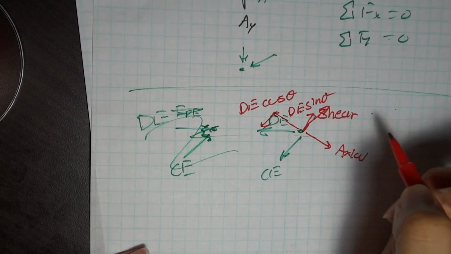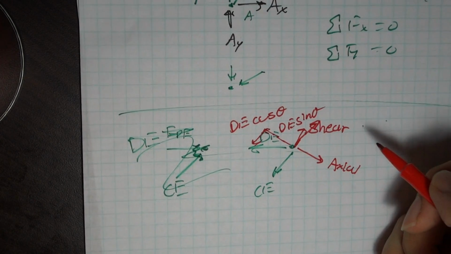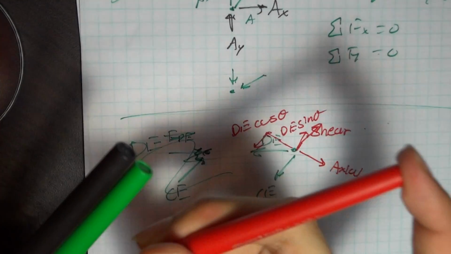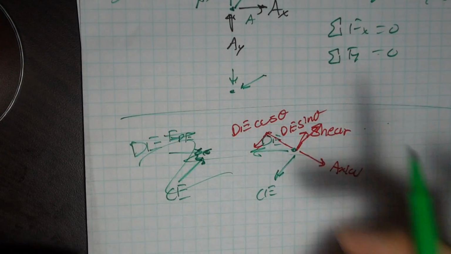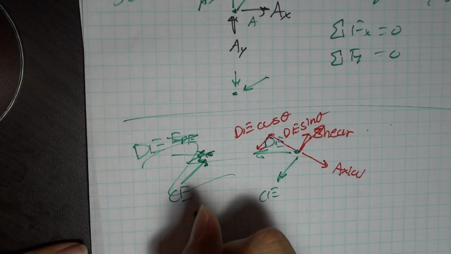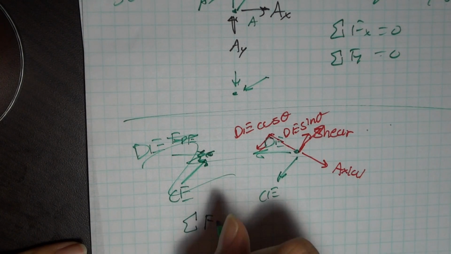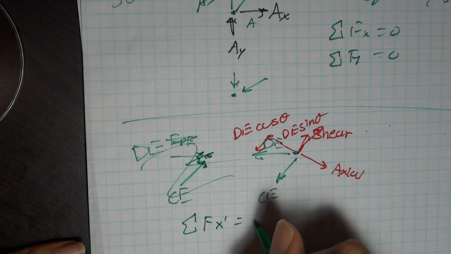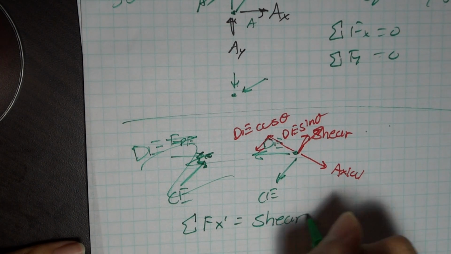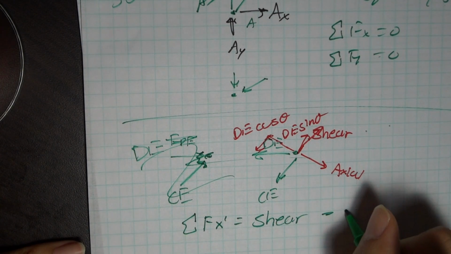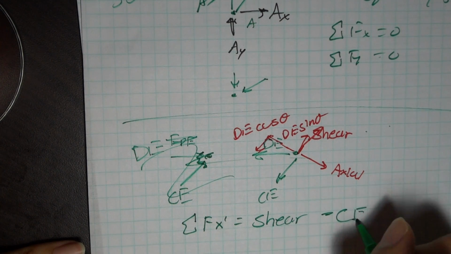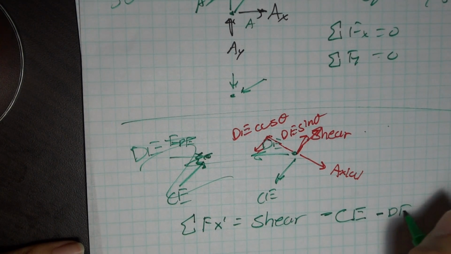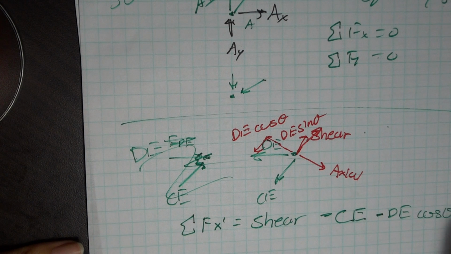And again, cosine theta and sine theta should be the same in this case. They should both be 45 degrees. When I do that, I get the sum of forces in the x prime direction is equal to shear minus CE minus DE cosine theta.